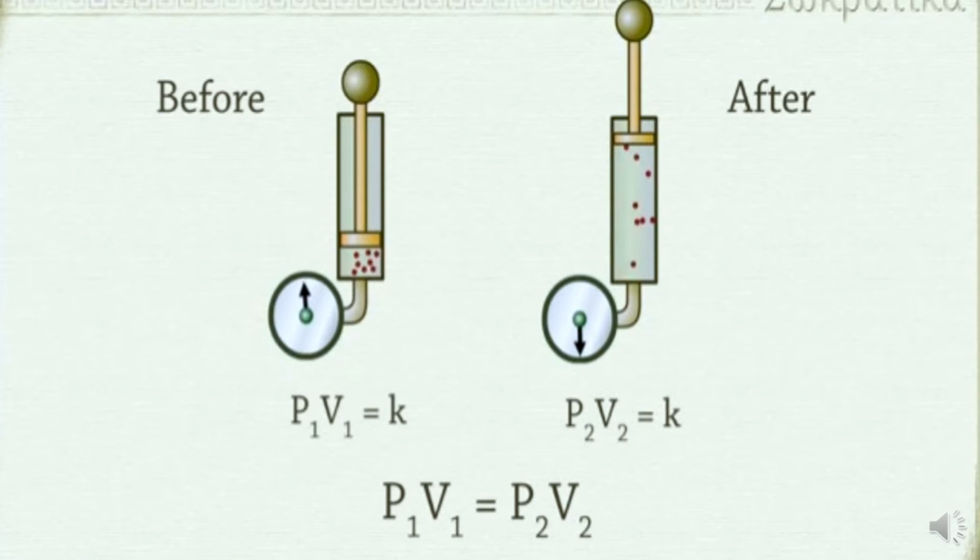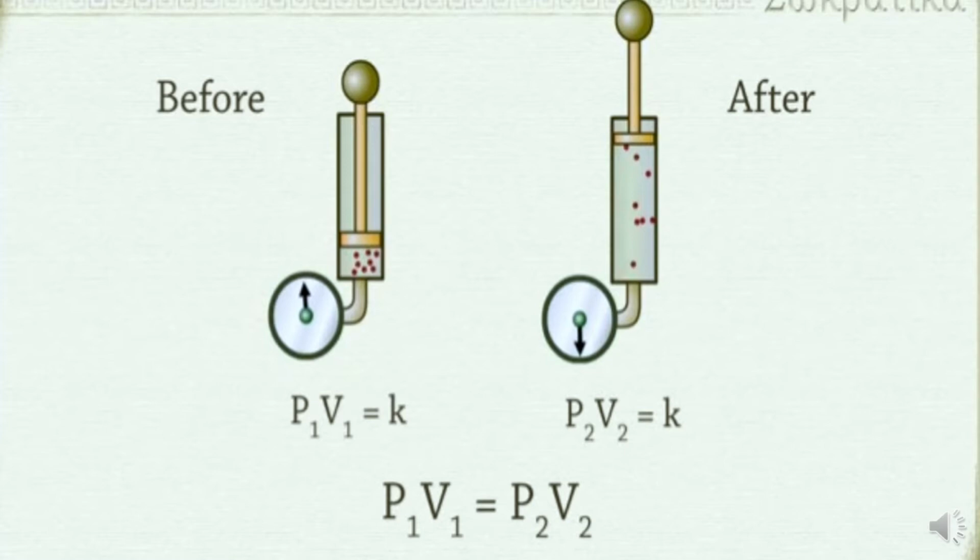Here, suppose we have taken a gas initially at a pressure P1, where the pressure is higher and the volume is V1. Now if we decrease the pressure by pushing the piston upward, then you can see that in the second case the volume is increased. So here you can see that the product P1 V1 is always equal to the product P2 V2.